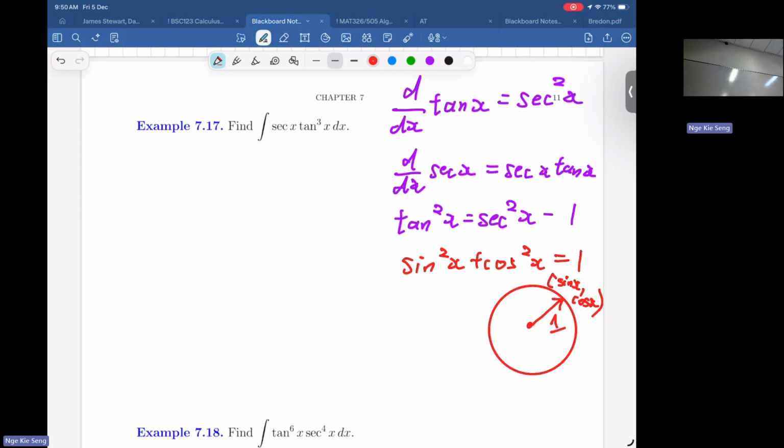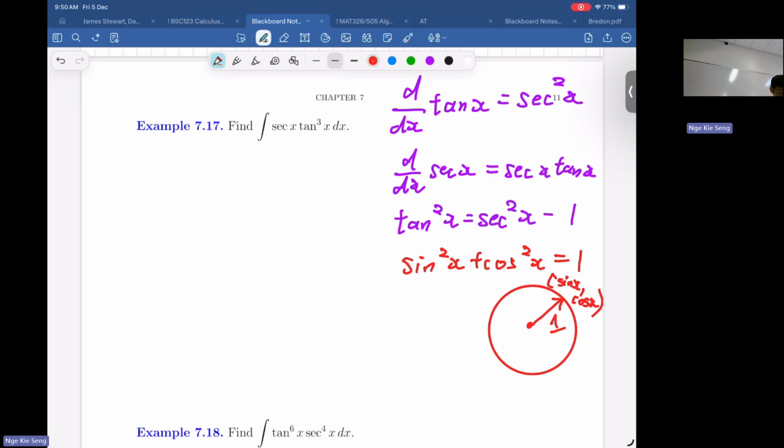So to get tangent square x, what do you do? You divide this master formula by cos square x. Just now we divided by sine square x. Now we divide by cos square x, then we get the version for tangent square x.